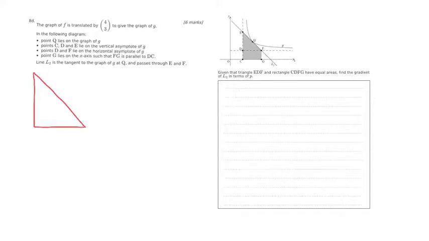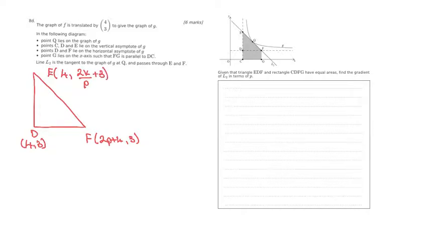This now has the points D, which is at 4, 3, F, which has the coordinates 2p plus 4, 3, and E, which has the coordinates 4, 2k over p plus 3.